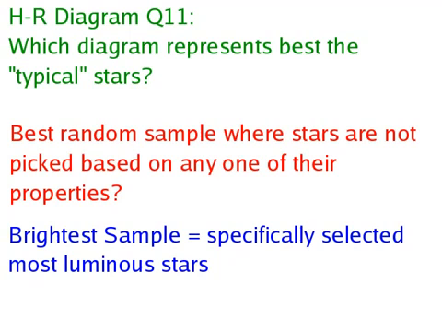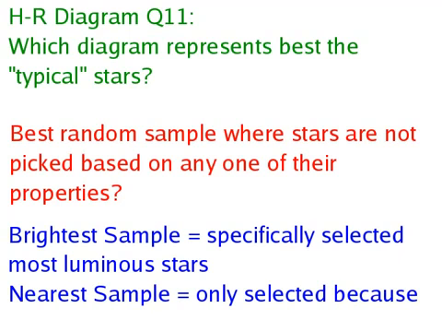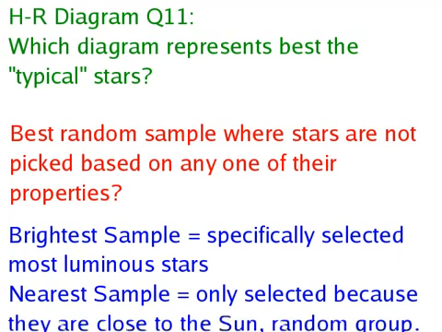So the nearest sample, they're only selected because they are close to the sun. So it's basically a random group, if we assume that the sun is not in any special order.